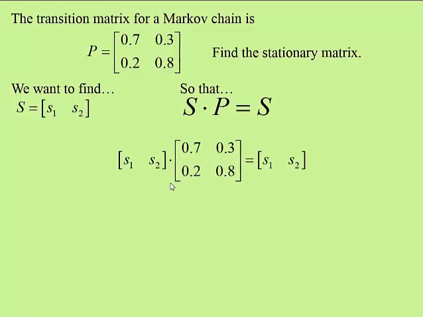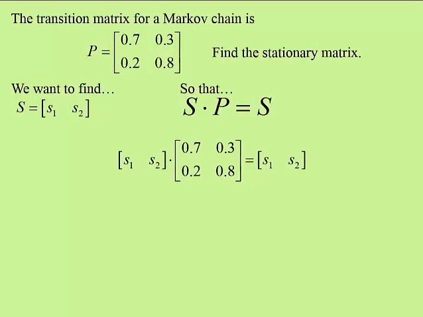And so let's create an equation that says S times P equals S. And let's manipulate this. First off, we got to do the actual matrix multiplication. This is tricky. I'll show you how to do this on your calculator shortly.